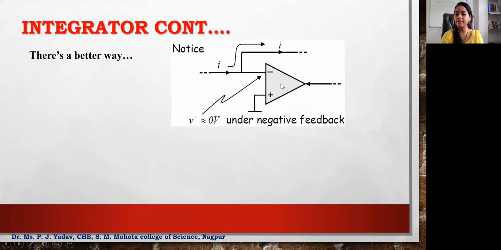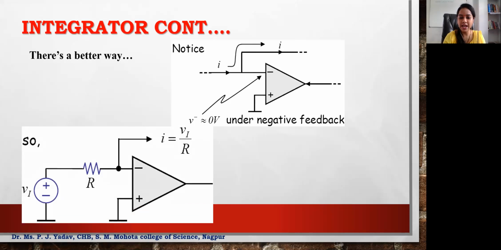So here we are having an op-amp. Here we are having the non-inverting terminal and the inverting terminal, and at this point the op-amp is at virtual ground. You will have 0 volt at this point, that's why it is called a virtual ground point. So how we are going to design an integrator by using op-amp, this is shown in this circuit.